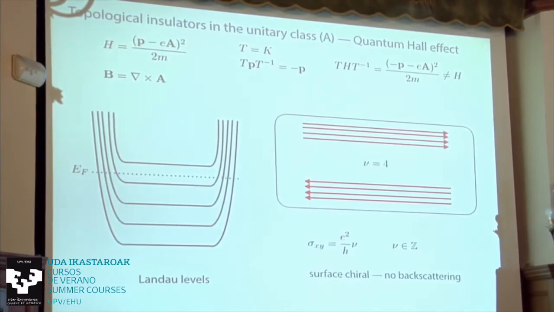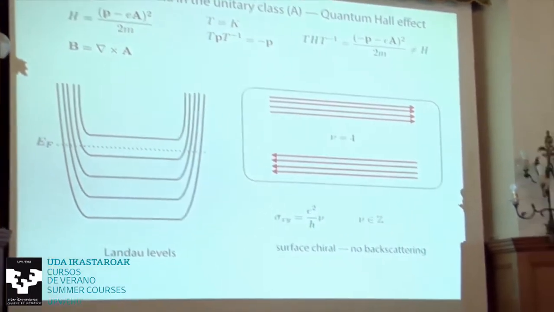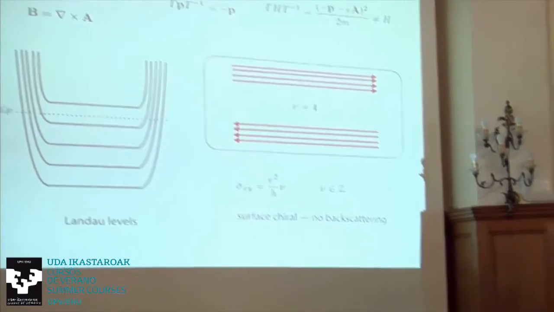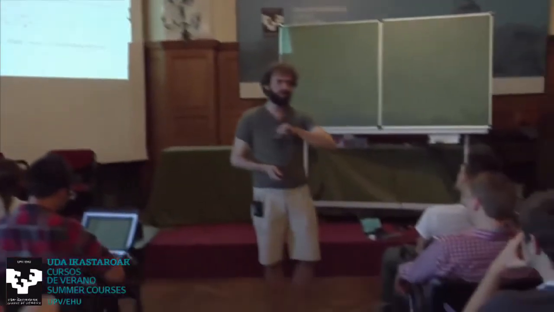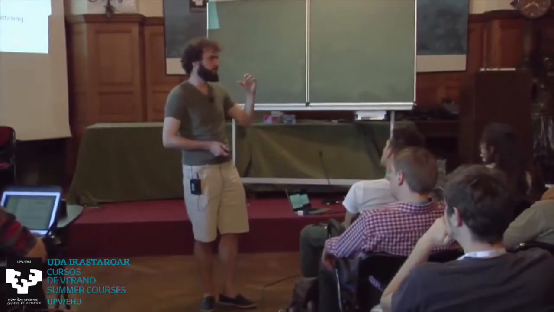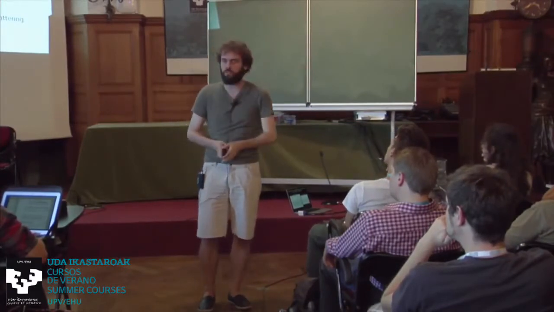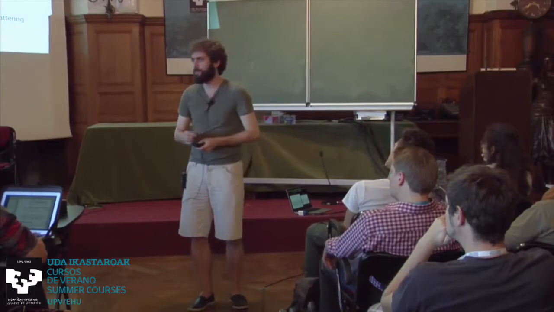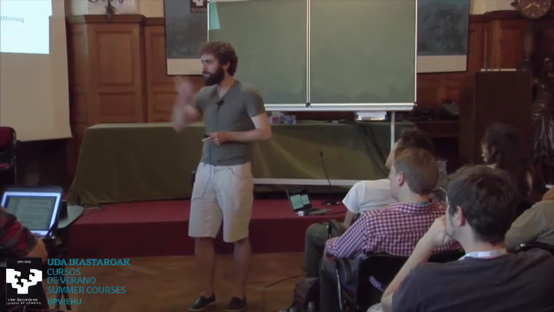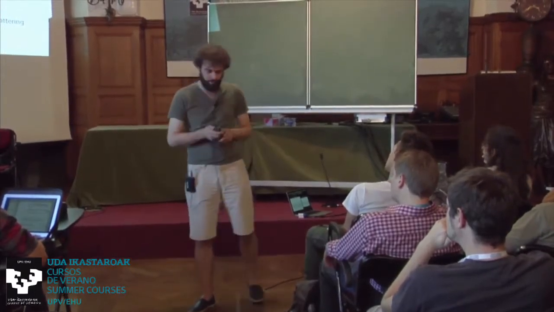And because these states are chiral, they only move in one direction. That means that if I add some perturbation, if I try to degrade the conductance of these edges, they don't care because they just go around it, because they all move in one direction. If I wanted to scatter them back to make them not move, they have nowhere to go.